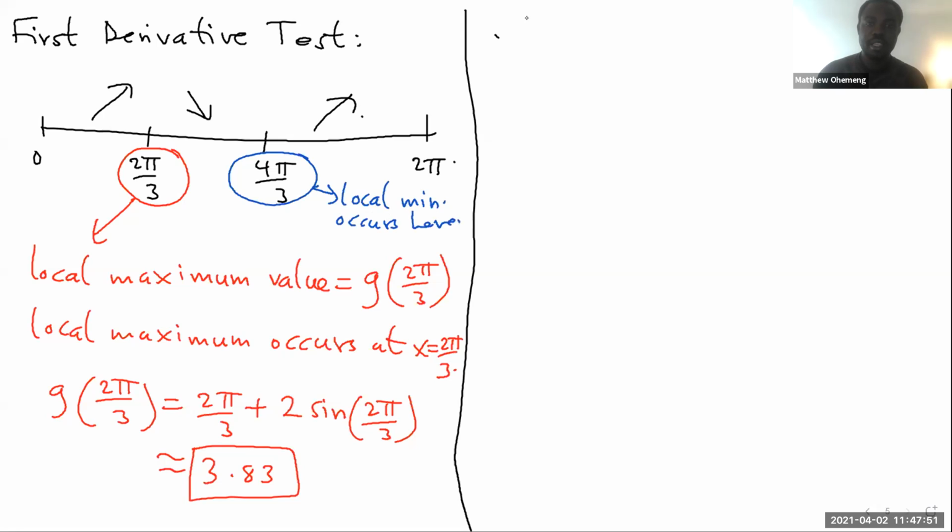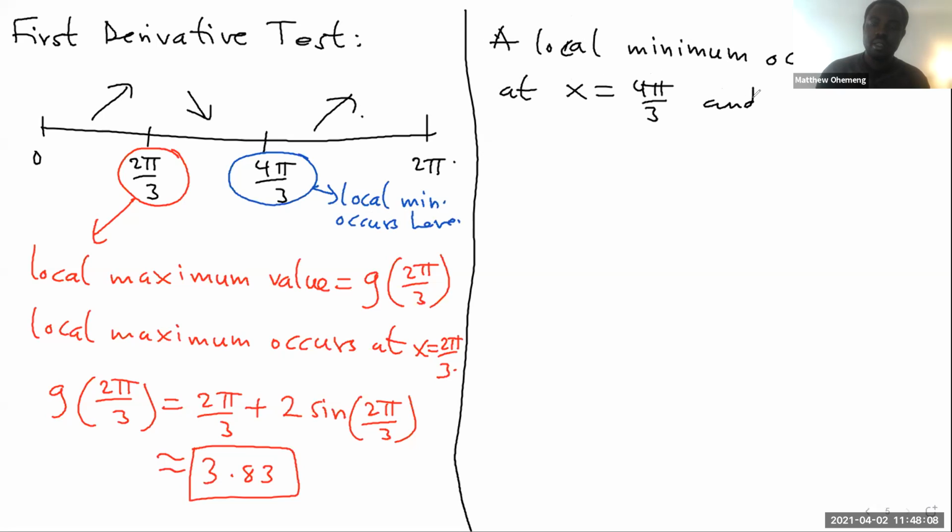So that means we can conclude that a local minimum occurs at x equal to 4 pi on 3, and the local minimum value is equal to what?